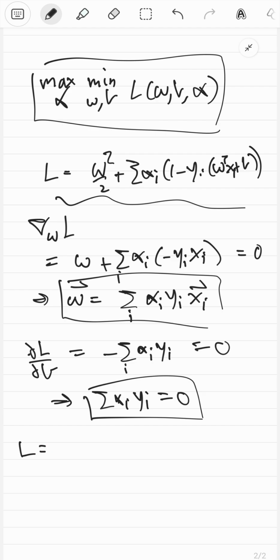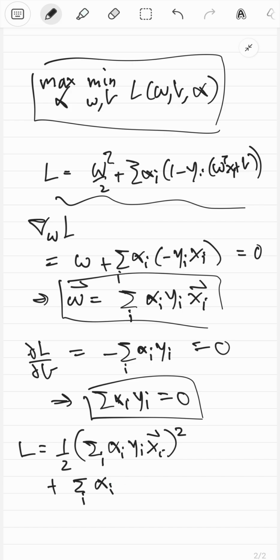Our loss function is just half of omega squared, half of this quantity squared, so it's summation of alpha i yi xi vector squared, plus summation over i of alpha i. I'm going to break this up into a bunch of parts. So first is just summation over i of alpha i, because there's a 1 involved over there.